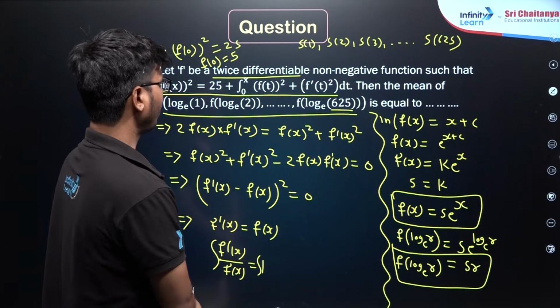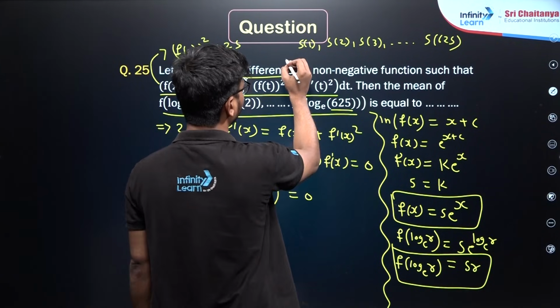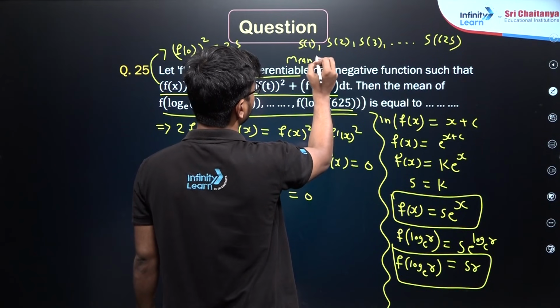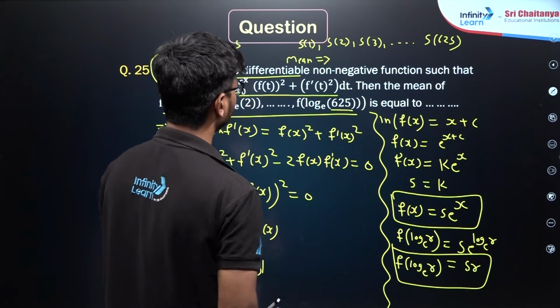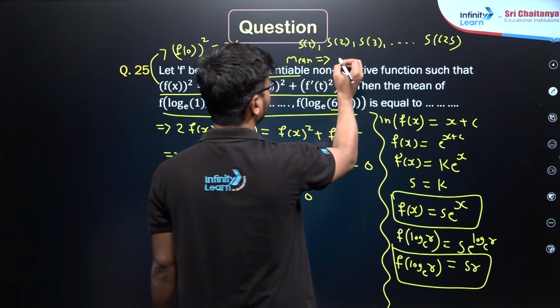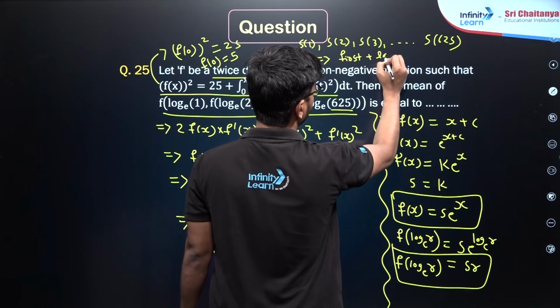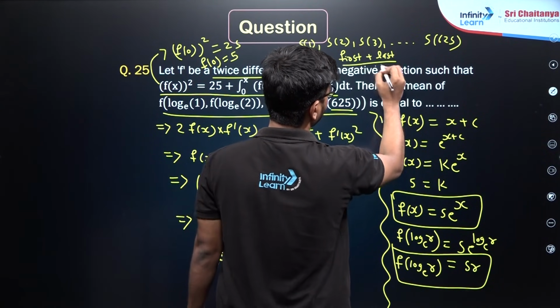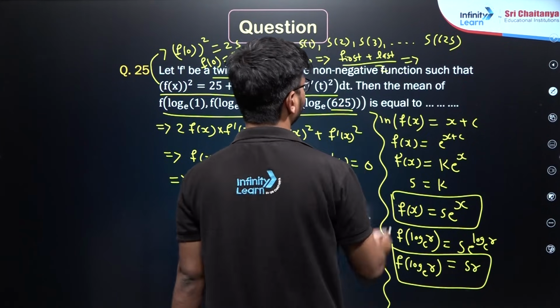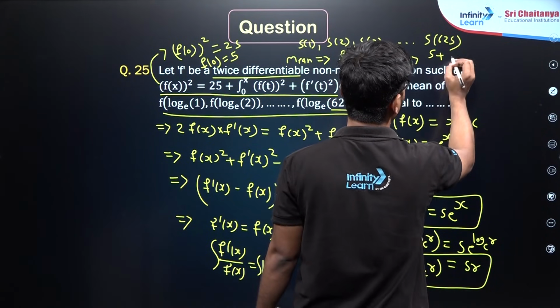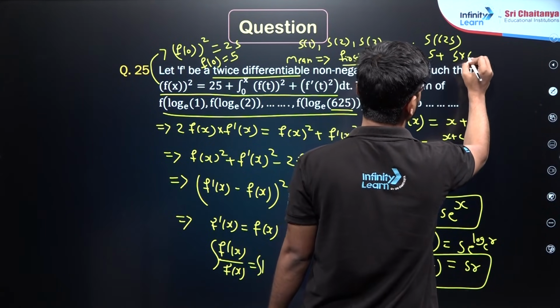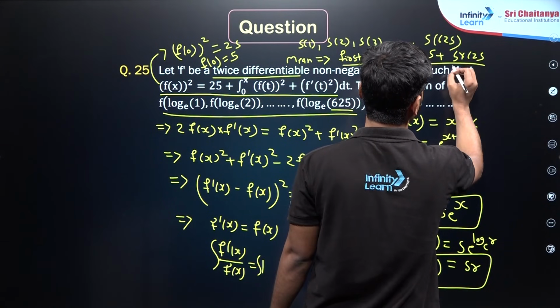So we know how to find the mean of an arithmetic progression. I can write first term plus last term upon 2. The value of the first term is 5 and the value of the last term is 5 multiplied by 625, upon 2.